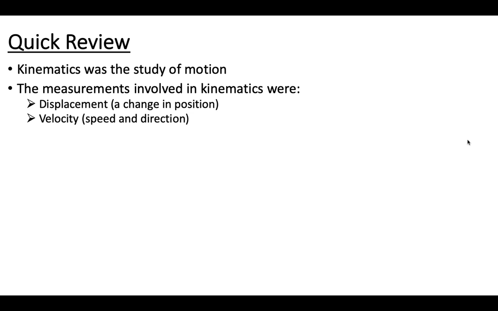Same for displacement, direction matters. Acceleration, change in velocity. How did your velocity change? Are you speeding up? Are you slowing down? And how quickly are you doing that? And time. So if you look at your kinematics notes, these were the things that we were always trying to find: time, acceleration, velocity, or displacement.